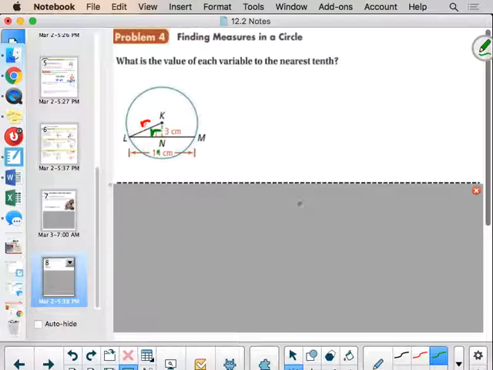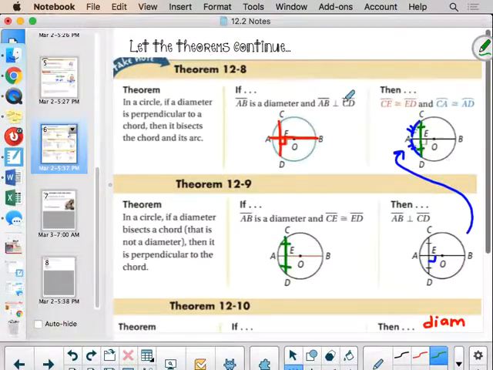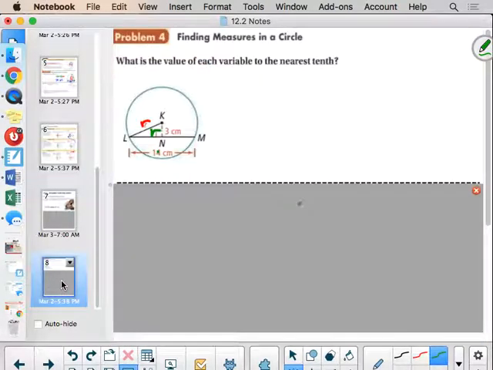And if my imaginary diameter is perpendicular to a chord, I'm fairly positive that according to the very first theorem right here, I have bisected the chord, which is really exciting because that's going to help me solve for r. So I now understand why I just learned all those theorems, because I know that this is congruent to this.